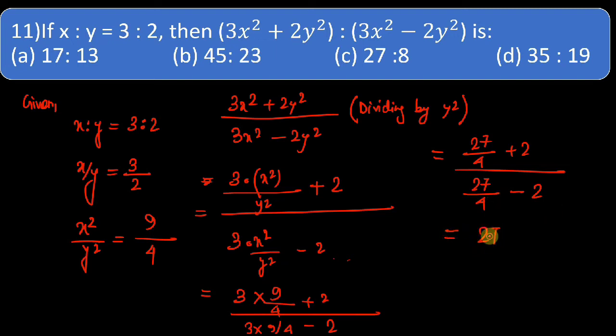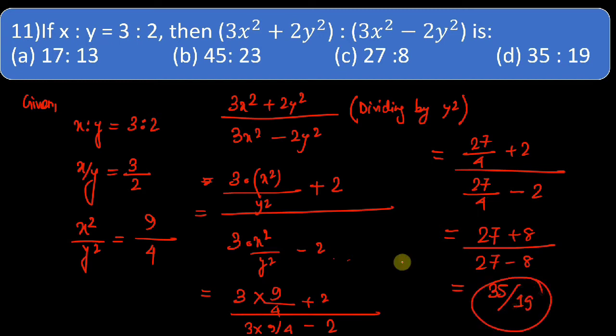So we get 27 plus 8 by 27 minus 8, that is 35 by 19, which is the required answer. So the correct answer is 35 is to 19. Option D is our correct answer.